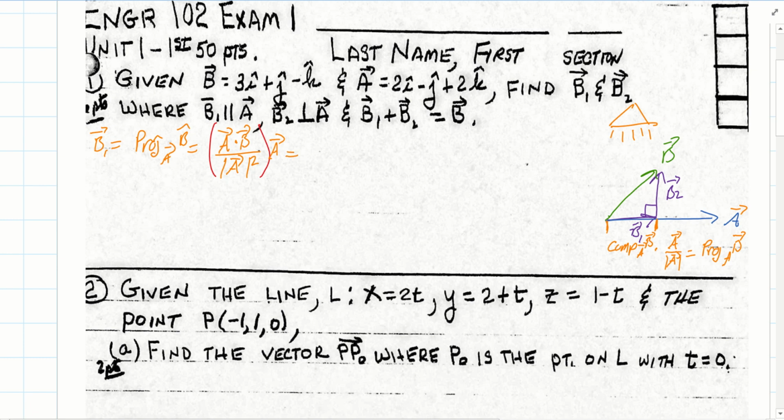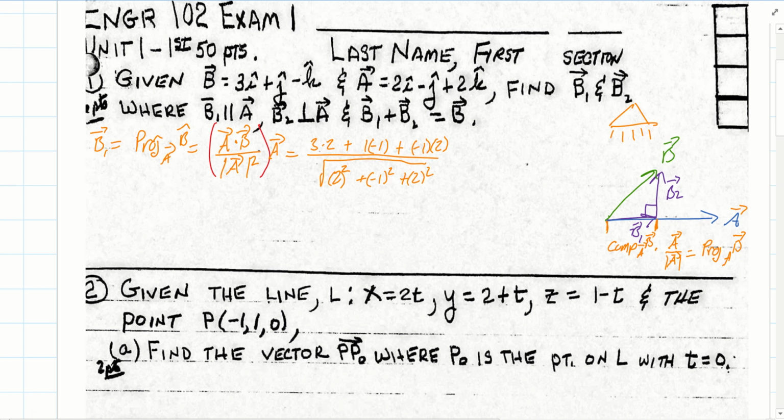And this will just equal, we'll do the dot product for each component. So it would be 3 times 2 plus 1 times -1 plus -1 times 2. So that's the dot product of A and B. Magnitude of A is going to be the square root of 2 squared plus -1 squared plus 2 squared.